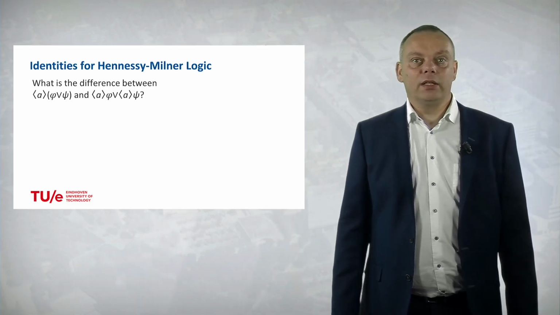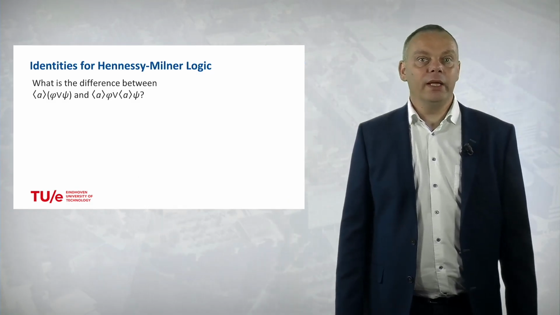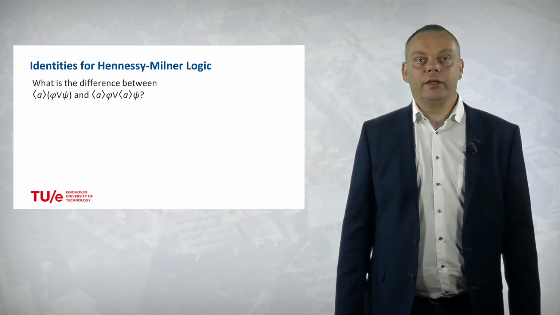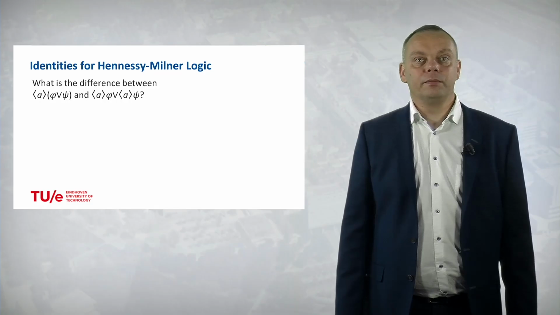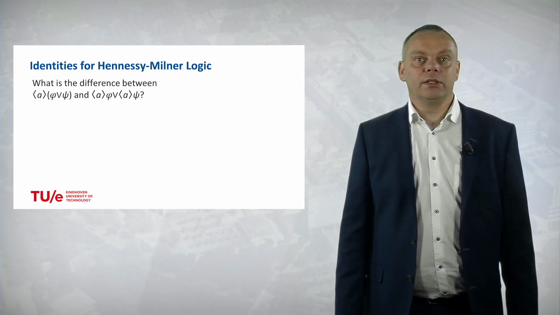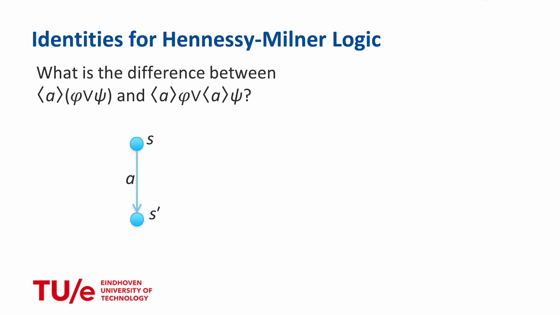Here we have a slightly more complex pair of formulas, namely diamond A followed by an expression with an or. And we could ask ourselves, are they equal or are they different? Well, they are equal, and this can be seen as follows. Suppose that we have a state for which the formula at the left holds, then we know that there is an outgoing A transition, and that in the end state either phi should be valid or psi should be valid.